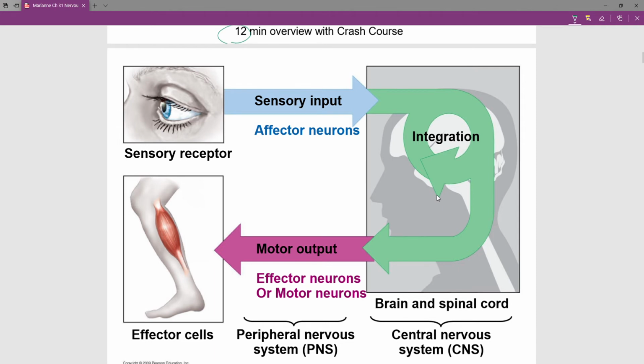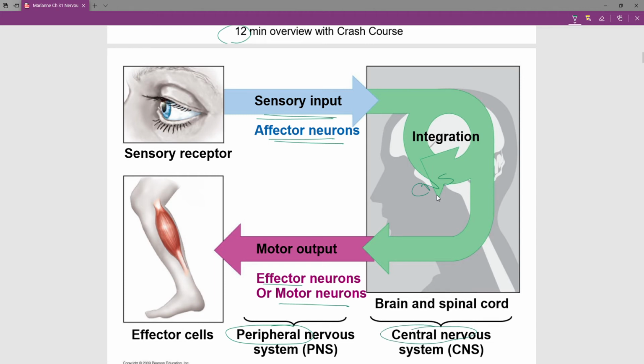So this is just an image about the sensory input going through the afferent neurons, and then this integration in the central nervous system. And then the motor neurons, or effector neurons, are going back out to do something. Again, these ones were all in the peripheral nervous system, where that integration is in the central nervous system.